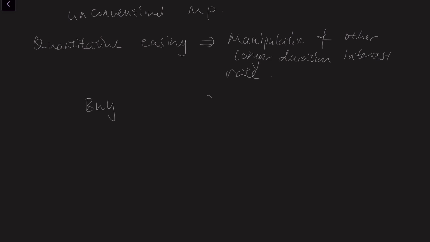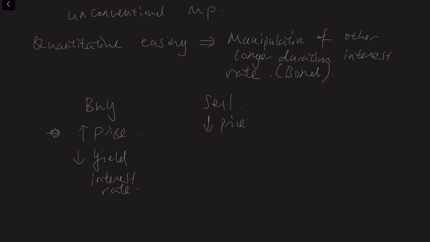You can either buy or sell bonds. Buying a bond increases price, and because of this inverse relationship decreases the yield or the interest on this bond. Selling the bond decreases price and thus increases the interest rate on the bond.